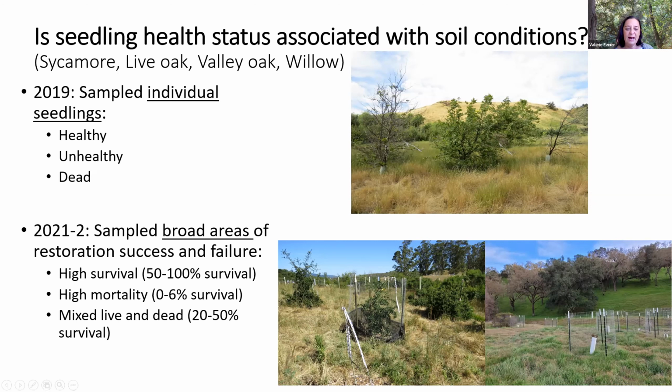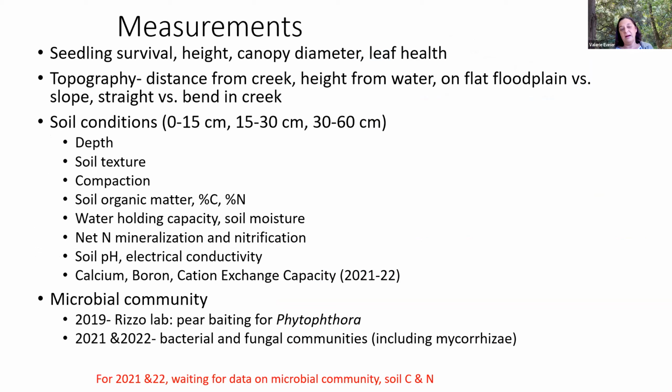And on these plots, we measured seedling survival, obviously, but also things like height and canopy diameter. We looked at where that seedling was in the floodplain, so how far away from the creek it was, both horizontally, but also vertically, like how far away from the groundwater it might be.